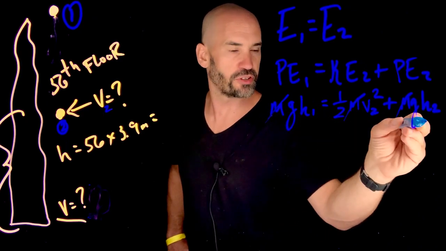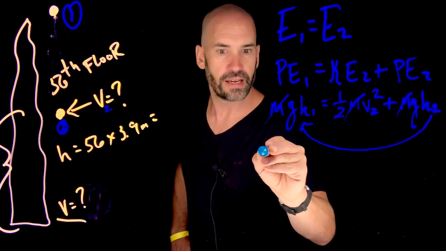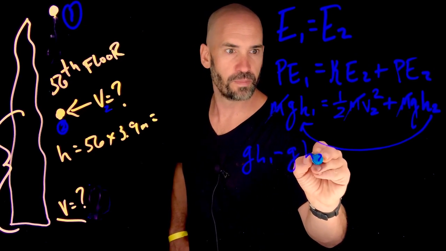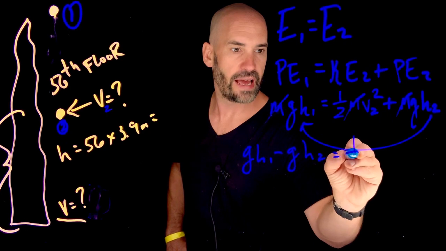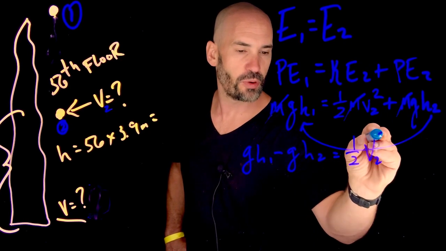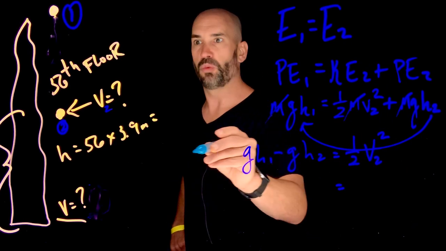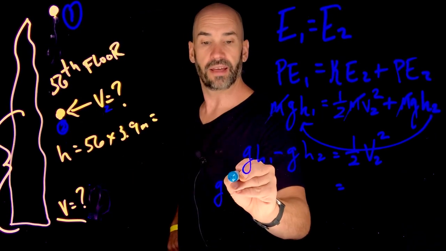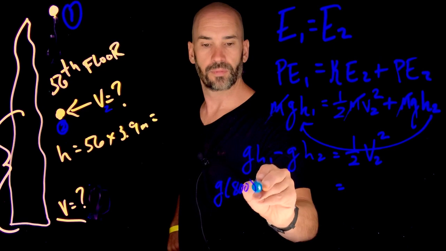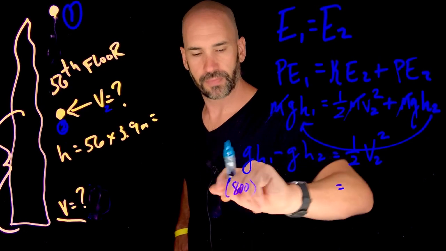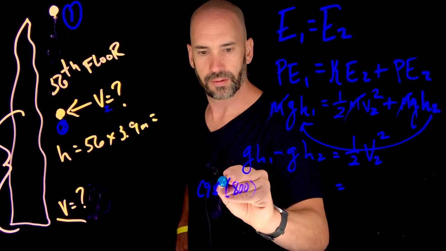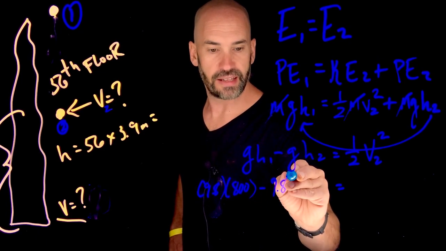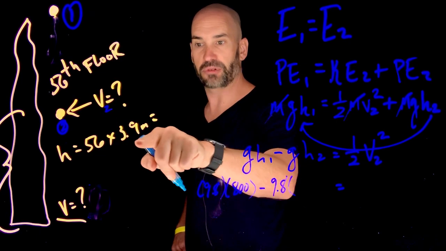Well, now I'm going to just subtract this over to here. So I have gh1 minus gh2 equals 1/2 v2 squared. My h1 is, again, 800. And I'll go ahead and put 9.8 there. So 9.8 times 800 minus 9.8 times this height, and remember, this height is 56 times 3.9, right?